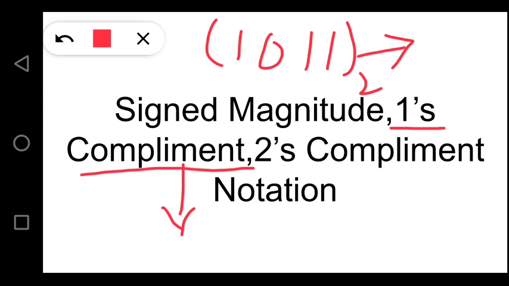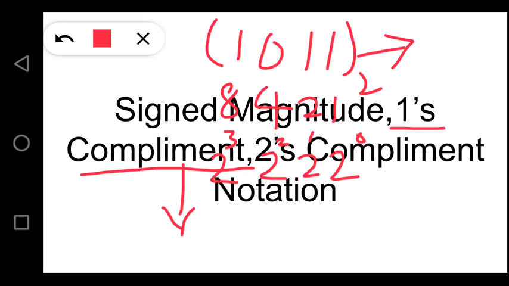What is its equivalent decimal value? So its equivalent decimal value is, weights 8421. What are 8421? 2 power 0 is 1, 2 power 1 is 2, 2 power 2 is 4, 2 power 3 is 8.